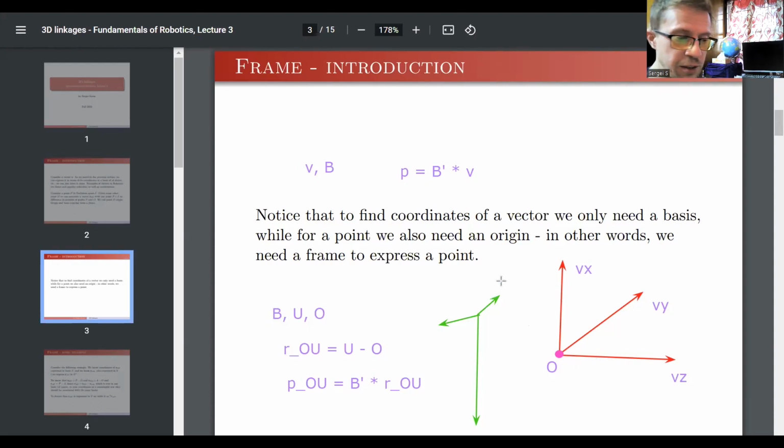The biggest problem is that vectors are not even pointing from the origin. But remember, Vx, Vy, Vz are still vectors, so you can always just draw them here. That is always allowed.